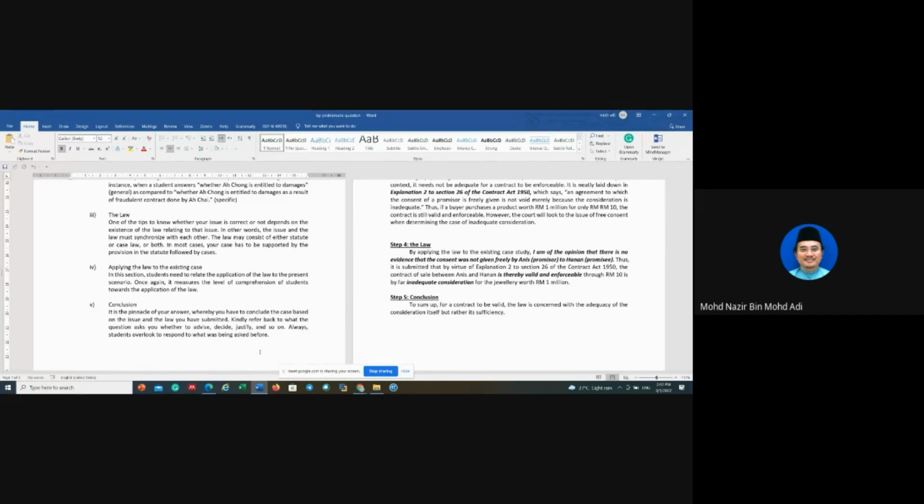So next, number 4 is to apply the law to the existing case. Here you give your inference, your understanding of how the law is related to the existing scenario.